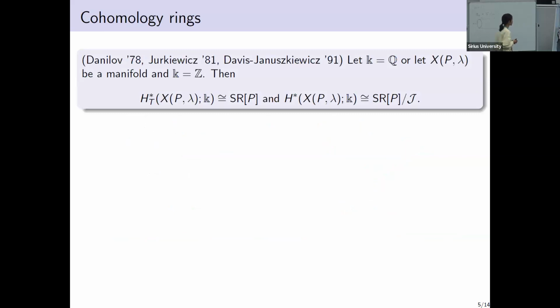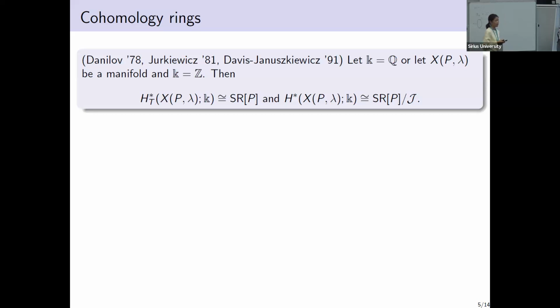There are many works that describe the cohomology ring structures of those quotient spaces. First of all, if we're working in rational coefficients and the quotient space is a manifold, in that case the equivariant cohomology ring of the space is proved to be the Stanley-Reisner ring associated with the simple polytope.